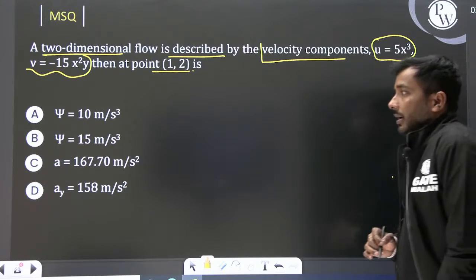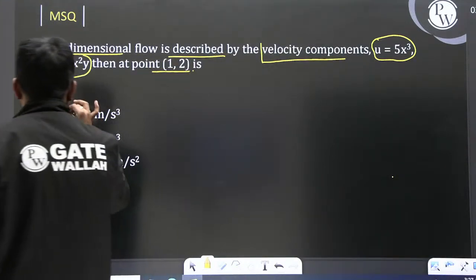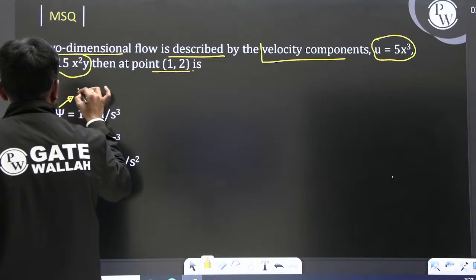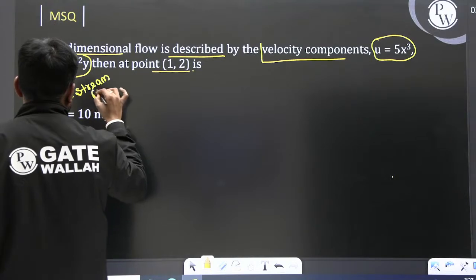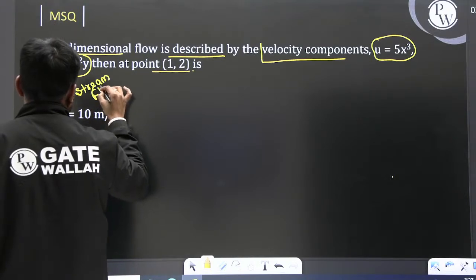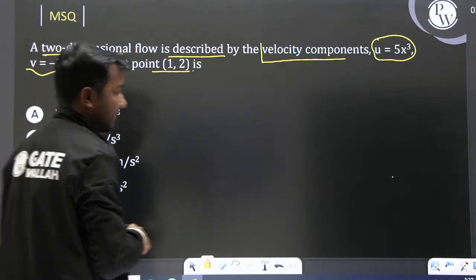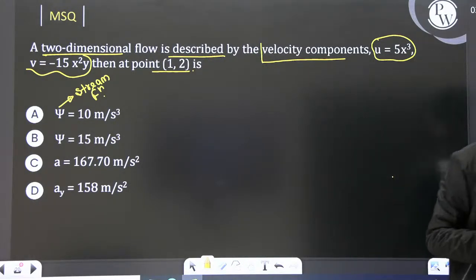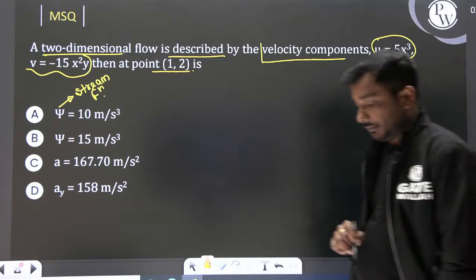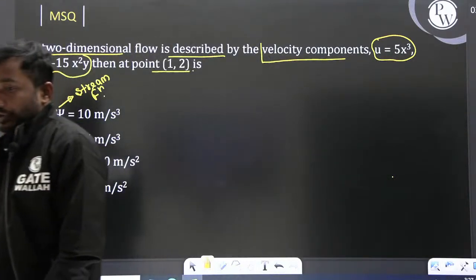And psi denotes the stream function. So which answer is going to be correct? Read the question carefully.